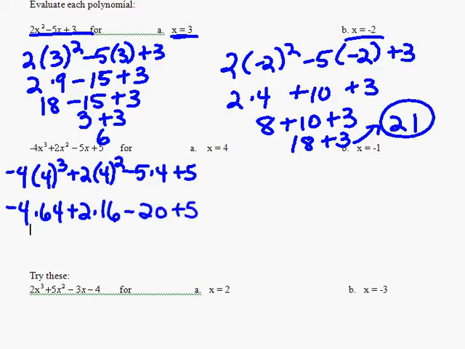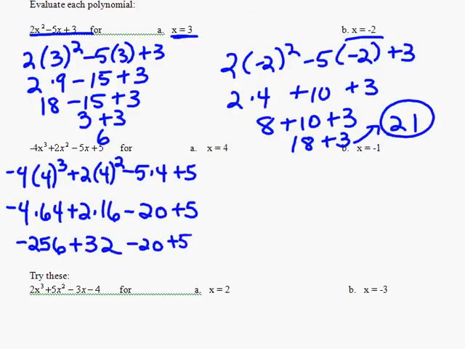So I have negative 4 times 64 plus 2 times 4 squared is 16 minus 5 times 4 is 20 plus 5. Now I'm going to multiply negative 4 times 64, which gives me negative 256, plus 2 times 16 is 32 minus 20 plus 5. Now I've got addition and subtraction, so by order of operations I simply go left to right.